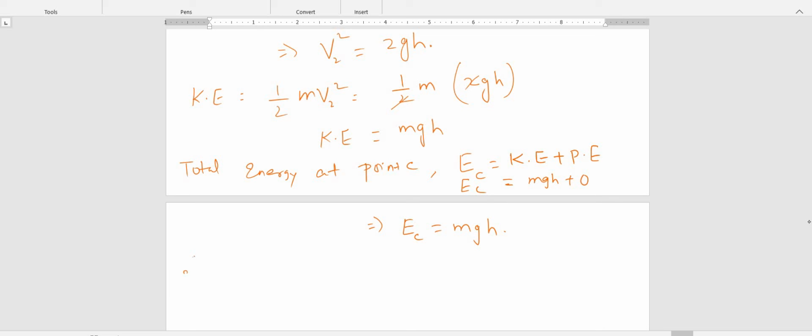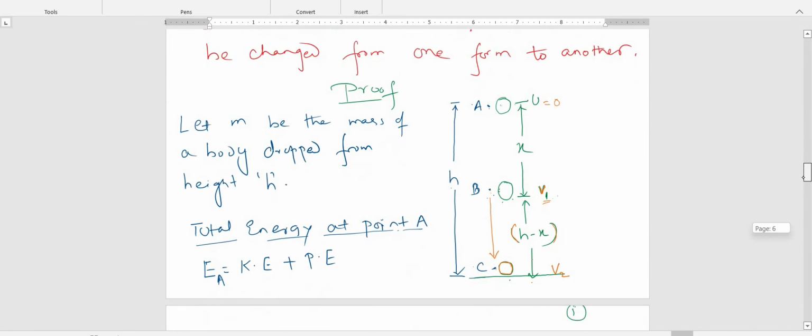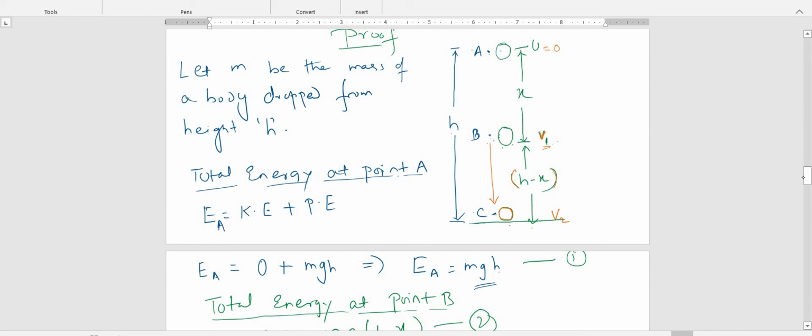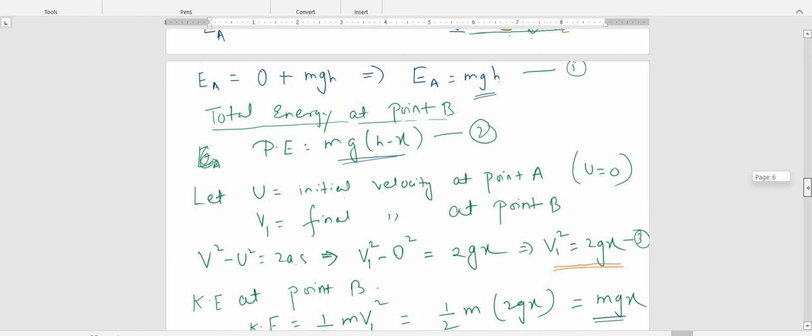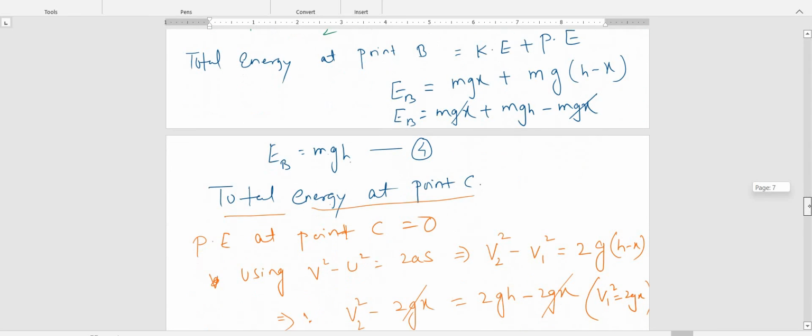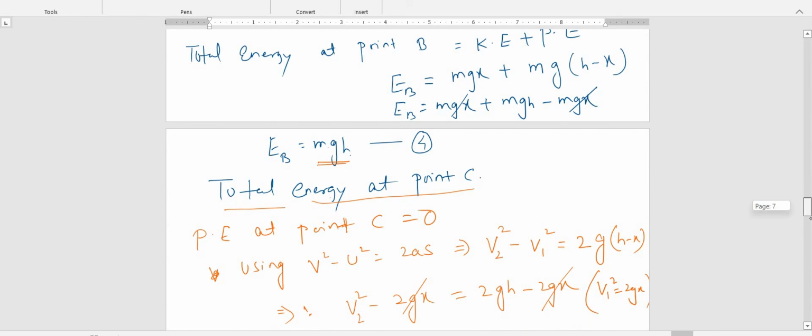So what I am getting, therefore, total energy at points A, B and C is constant. That means what? Energy can neither be created nor be destroyed, isn't it? No new energy is being created, only it is getting transformed from kinetic energy to potential energy to kinetic energy, isn't it? So what is the total energy at point A? It is mgh. What is the total energy at point B? It is also mgh. What is the total energy at point C? It is also mgh.